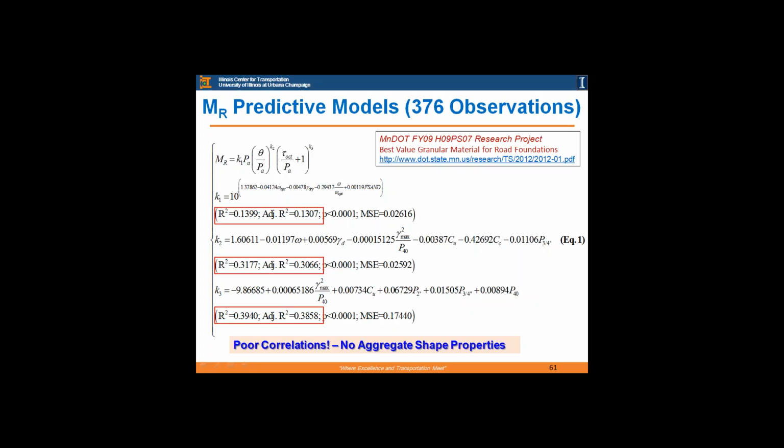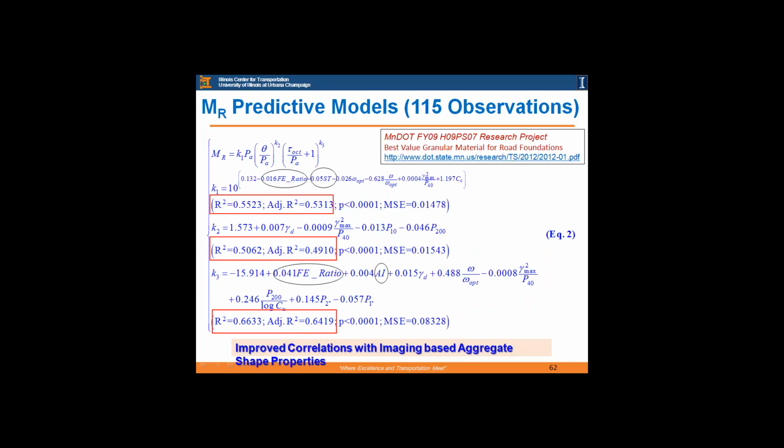In his case, he had 376 observations where he tried to get some correlations, and he got models for K1, K2, K3 as functions of the material properties with not so good correlations. But when he added the image properties, the shape properties, the flat elongated ratio and the surface texture, he got better correlations. In this case, you have 115 observations.